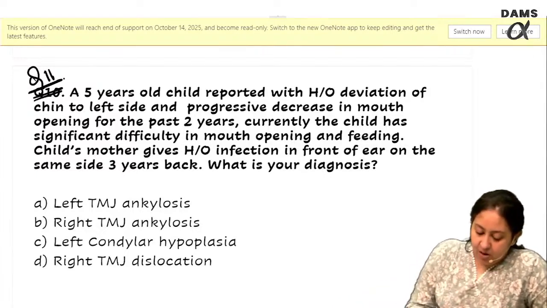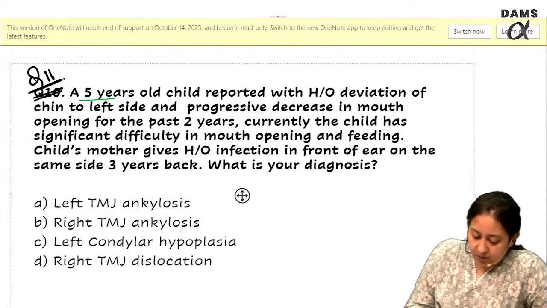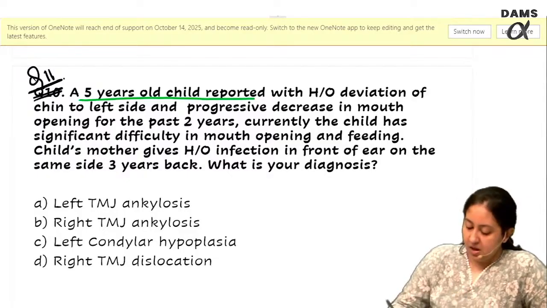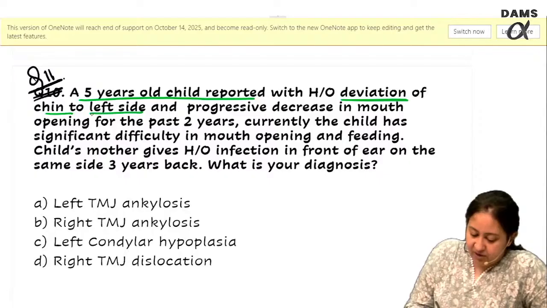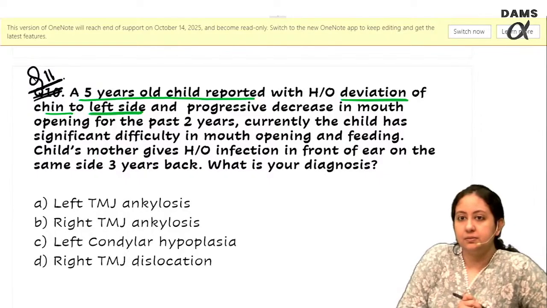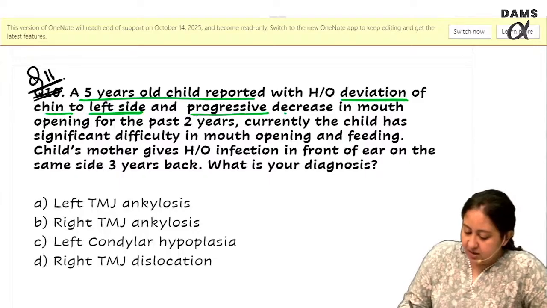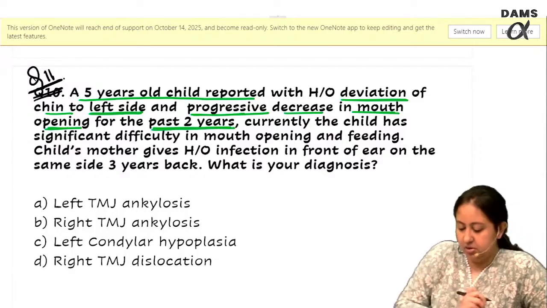A 5-year-old child, deviation of chin to left side, progressive decrease in mouth opening for past 2 years.